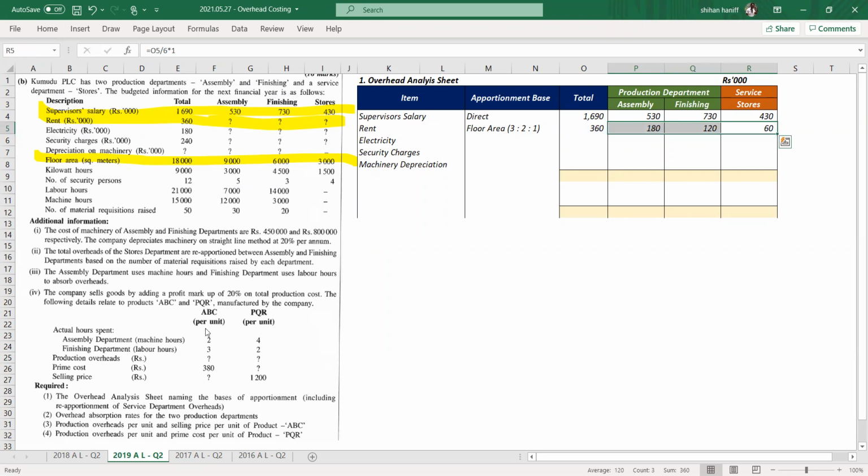Total 360. So can you complete this and tell me how much is for assembly, how much is for finishing, how much is for the stores? Tell me the total.